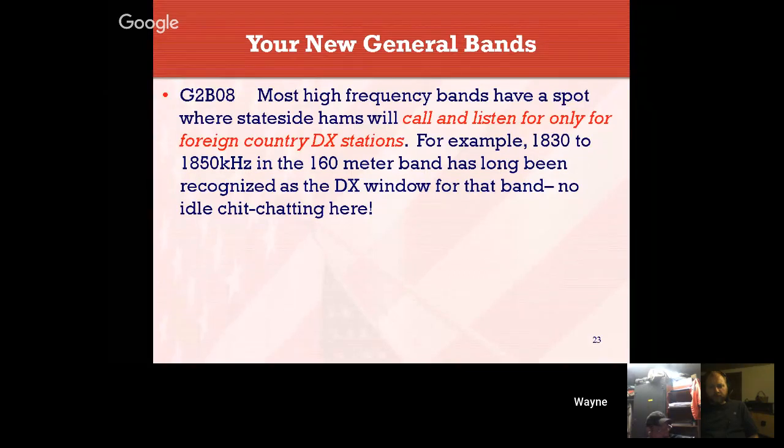One of the things about the 160-meter band, we'll get into antennas a little later on, but in order to achieve a long distance on 160 meters, the antenna has to be up there rather high, generally at least a half wavelength in height in order to get really effective long distance communications on the 160-meter band.